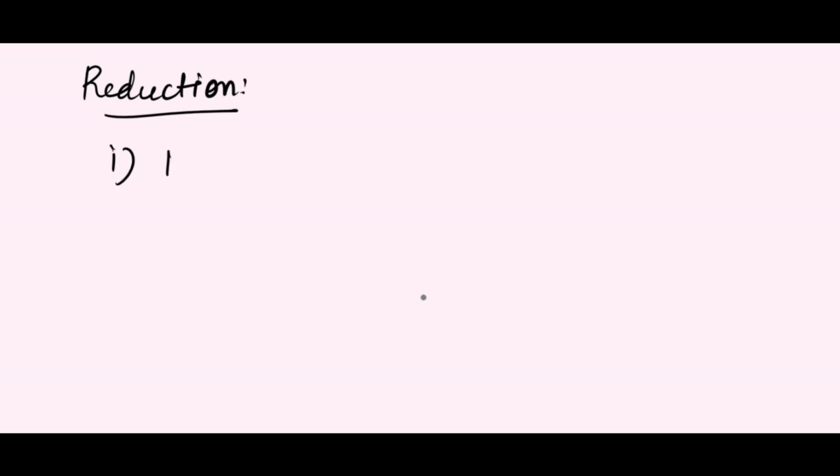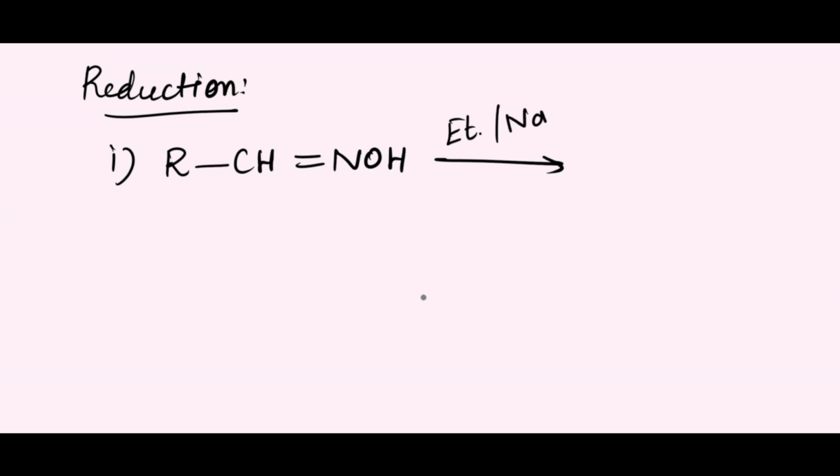First, I'm taking R, CH, double bond NOH with ethanol and Na. It is giving RCH2NH2. Once again, this is for primary amines only.